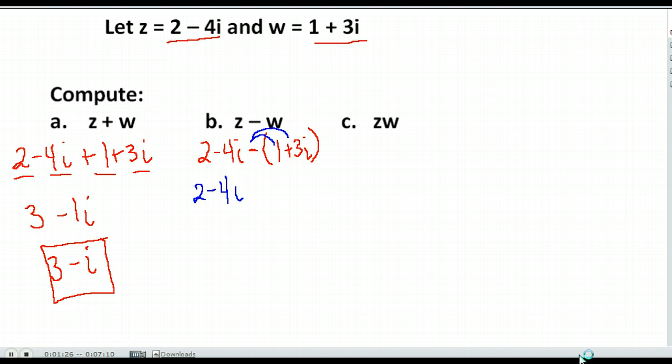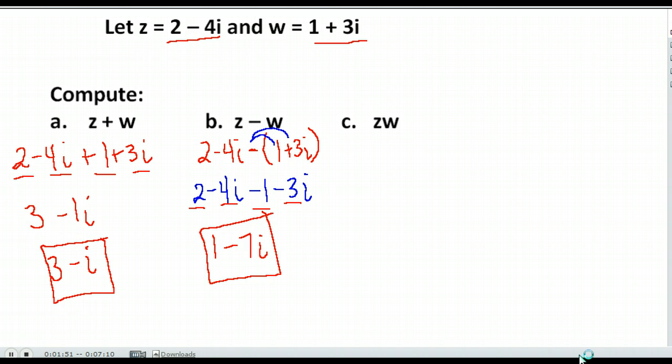So my problem now is 2 minus 4i minus 1 minus 3i. Again, you just combine the real part. 2 minus 1 is 1, and combine the imaginary part. Negative 4 and a negative 3 gives me a negative 7i. And there's my solution.